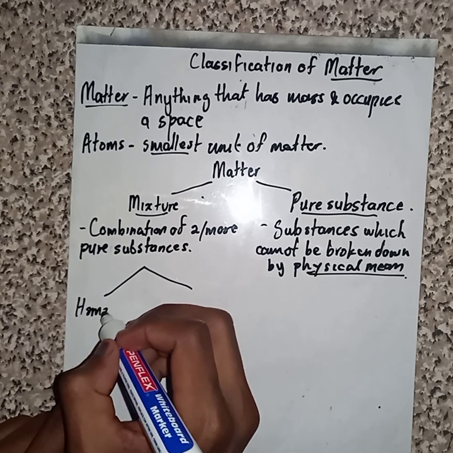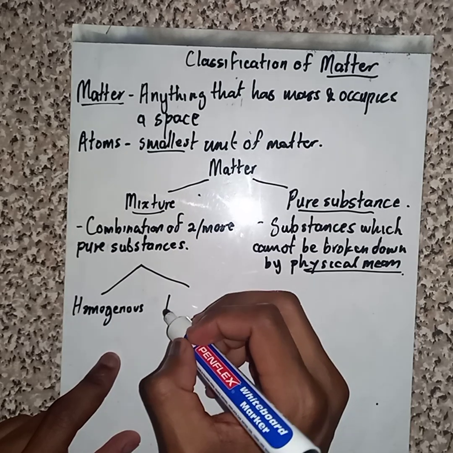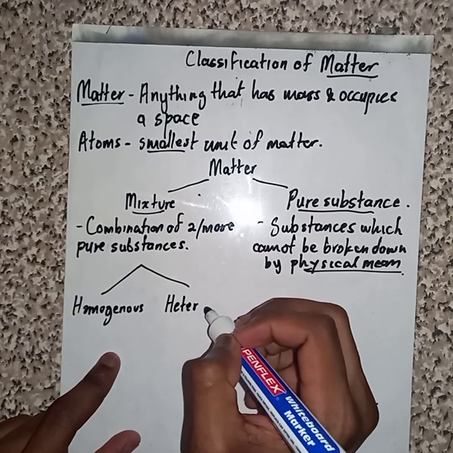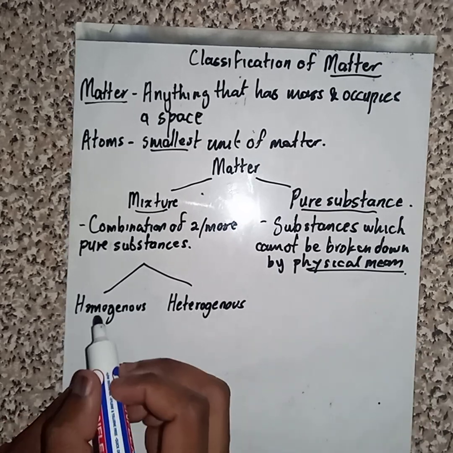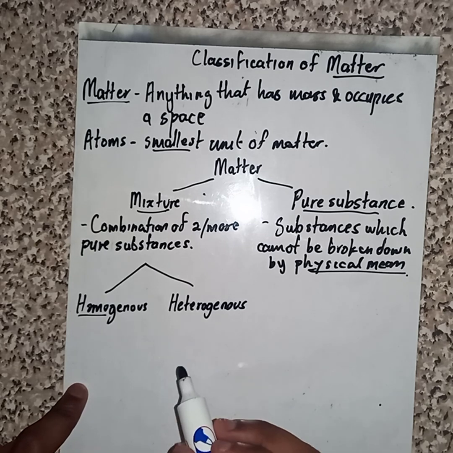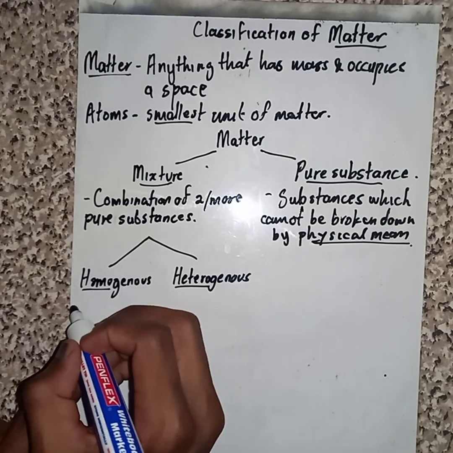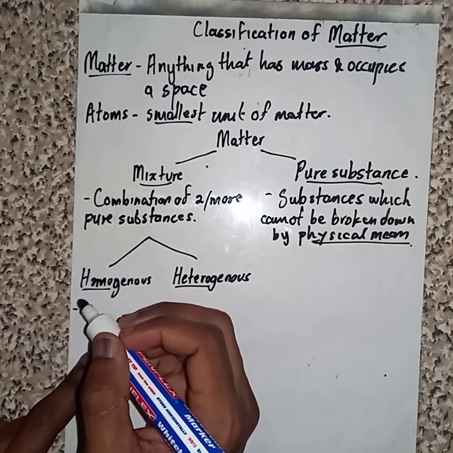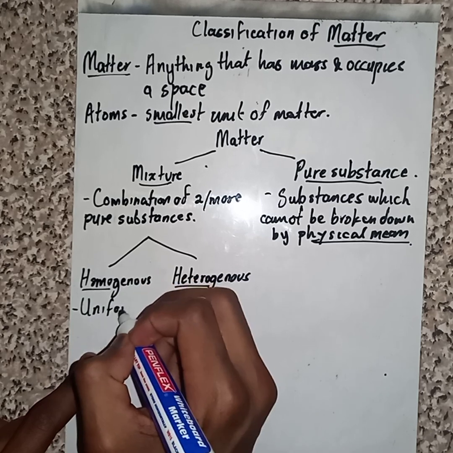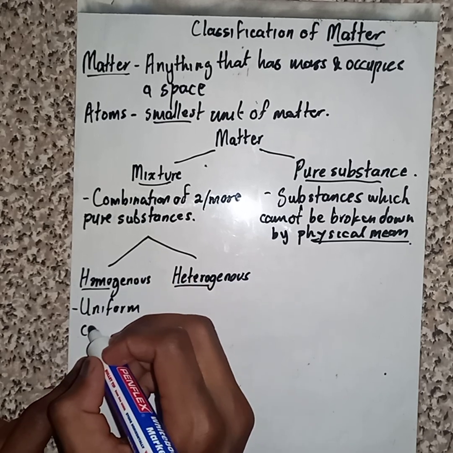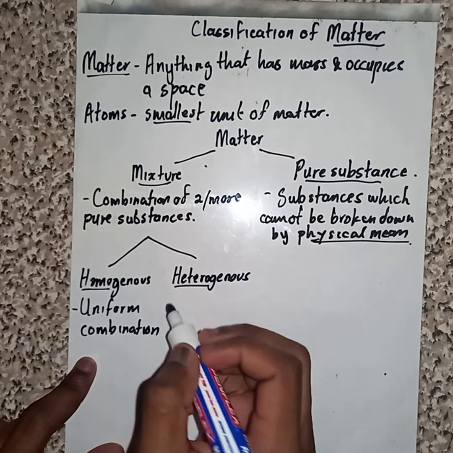homogeneous mixtures as well as heterogeneous mixtures. The word homo means the same. The word hetero means different. Homogeneous mixtures are those with a uniform, the same combination, a uniform composition.